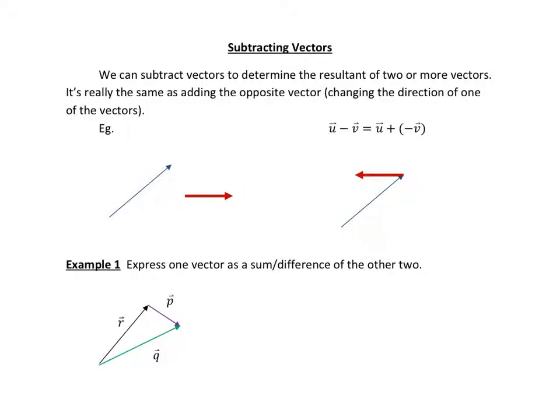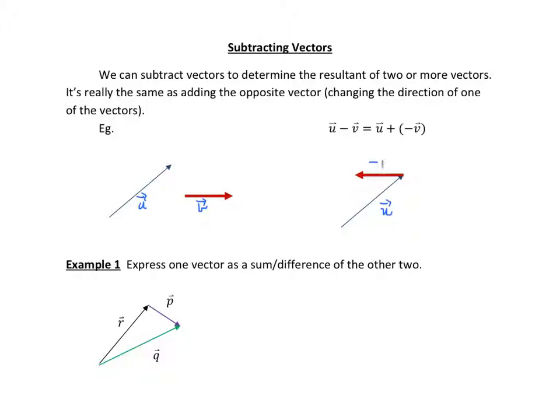In this lesson, we're going to look at subtracting vectors. Subtracting vectors follows adding vectors nicely because when we subtract one vector from another, we do that by adding the opposite. So we're going to change the direction of one of the vectors. If we were going to subtract vector v from vector u, we would do that by switching the direction of vector v.